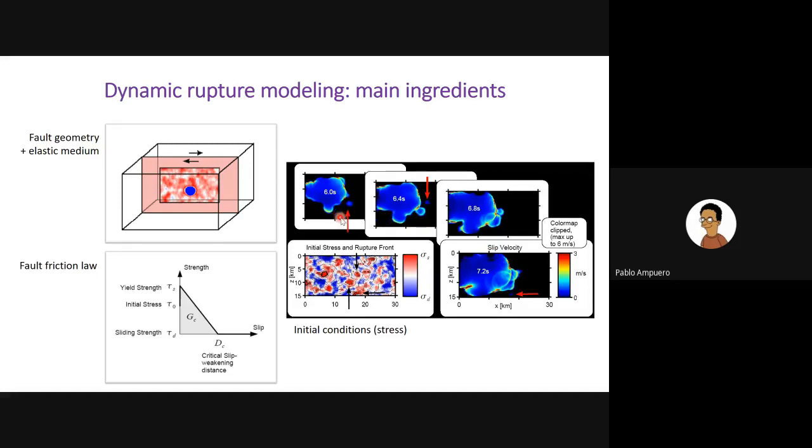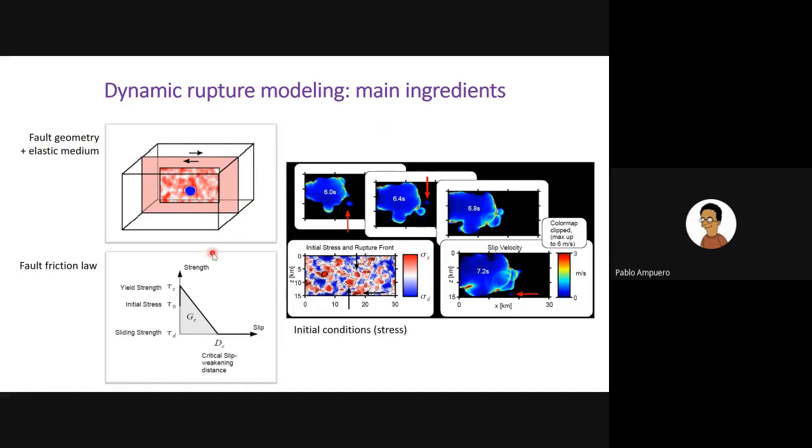And we are interested in seeing how these patterns of rupture fronts progressing on the fault plane develop, how complicated patterns start to emerge, how they radiate waves, and how that has an impact on the ground motions at the surface.